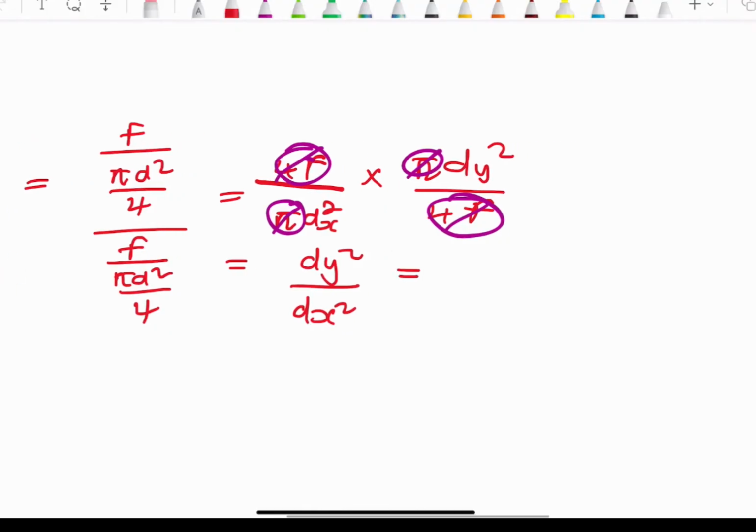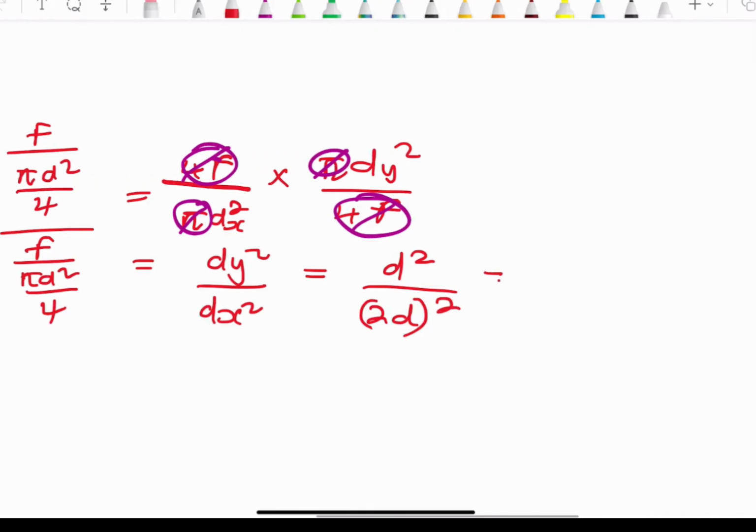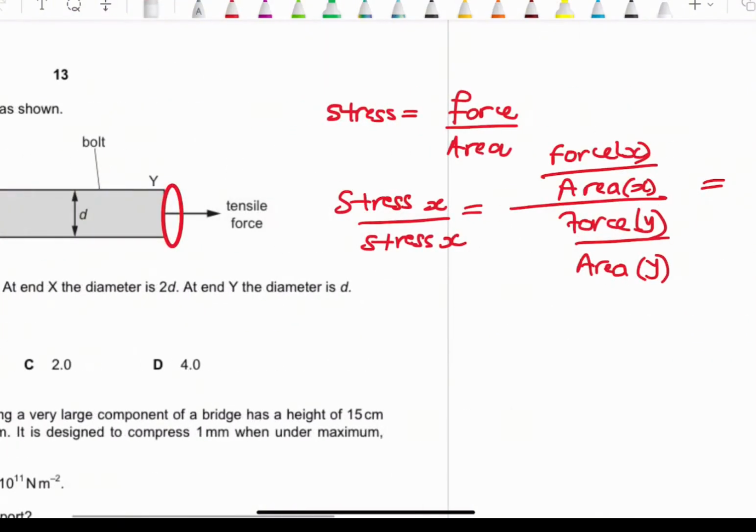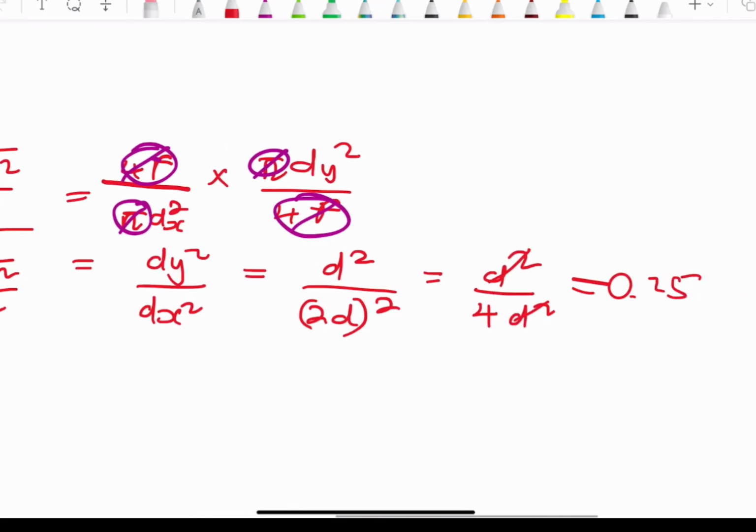But dy is just d squared, and dx is 2d squared, so that gives you d squared over 4. The d squared cancels out, and we'll be left with 0.25. But the question said stress at X over Y, which is 0.25.